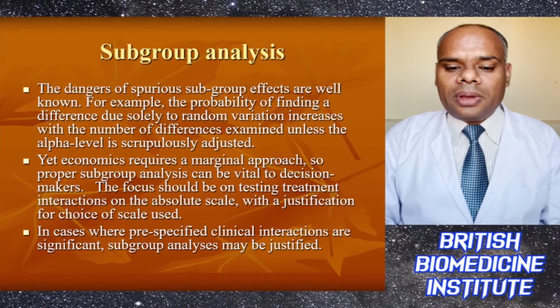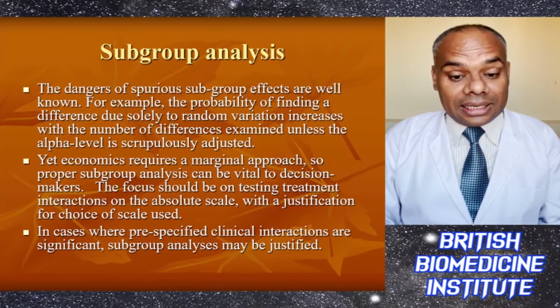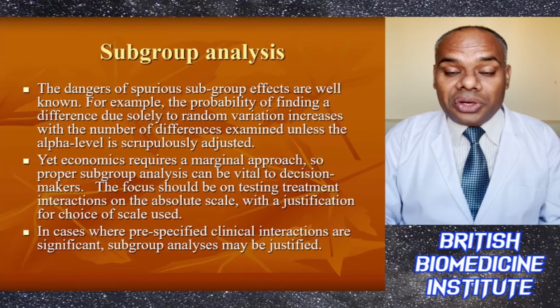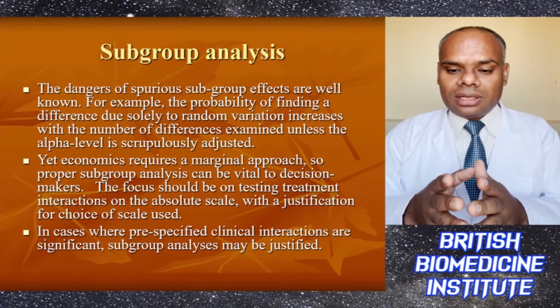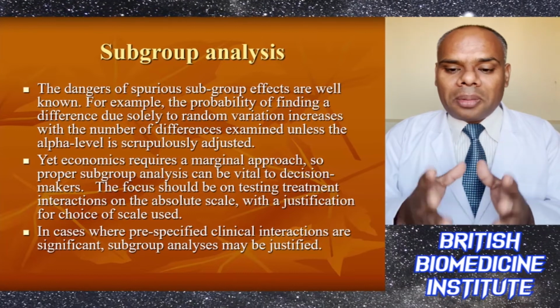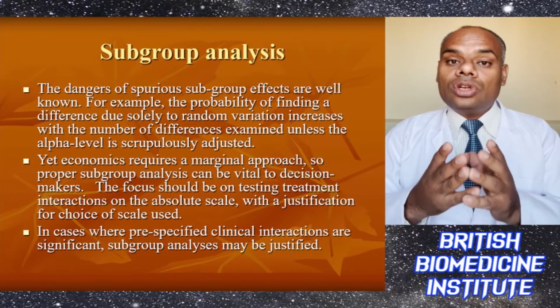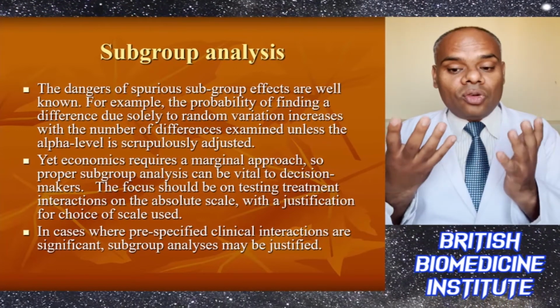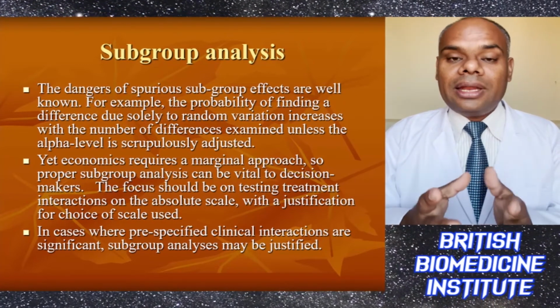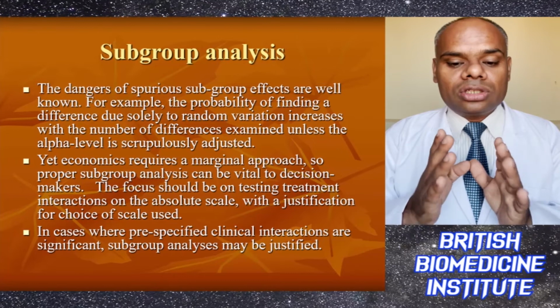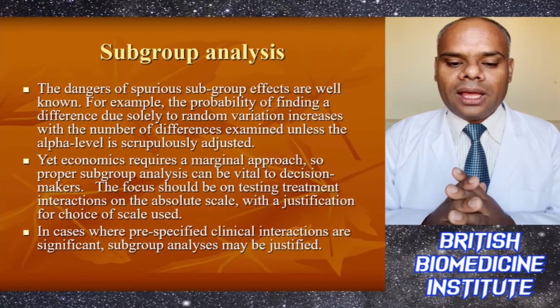Under subgroup analysis, there is a risk of spurious subgroup findings. For example, the probability of finding a difference due solely to random variation increases if the number of differences examined is large and the alpha level is not scrupulously adjusted.